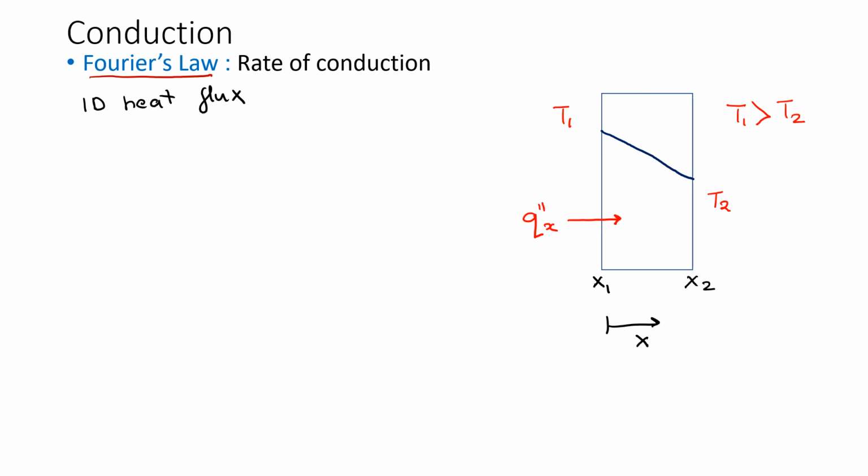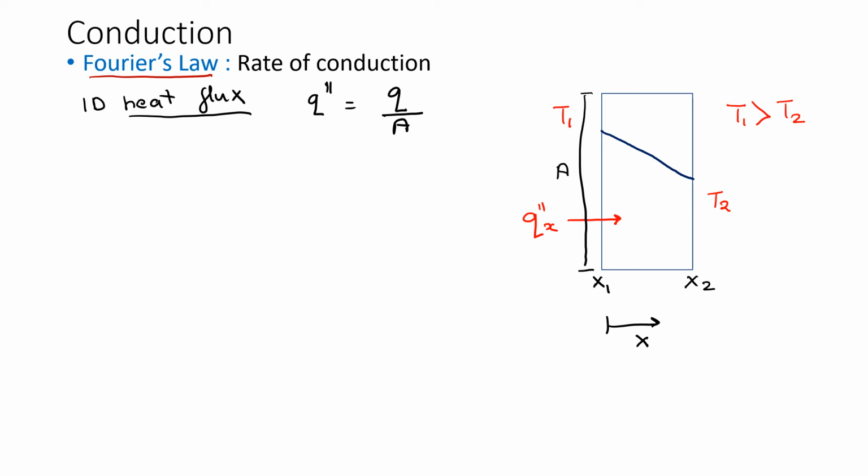Please note that I'm using heat flux. We are looking at heat flux, which is heat being transferred per unit area. In this particular scenario, our area will be the area perpendicular to the direction of heat flow. This will be the area of significance.